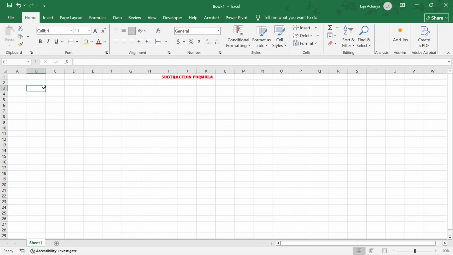Now I will start with these things. Firstly, I am going to put some data over here. Firstly I will come with the months, then gross salary, tax, then net salary.